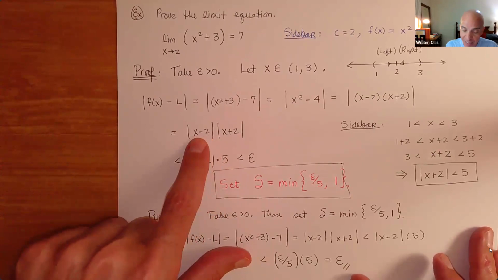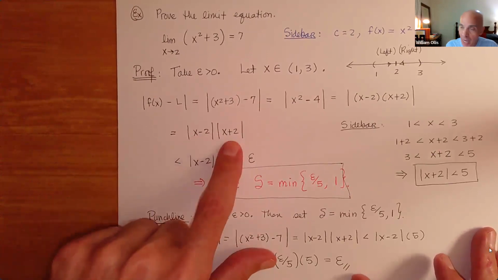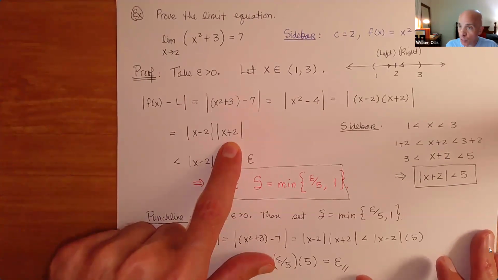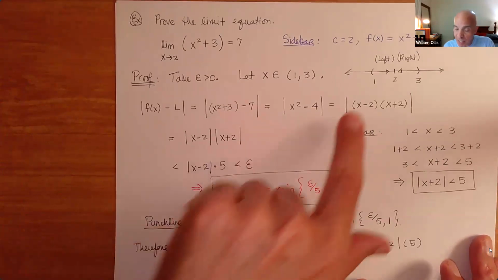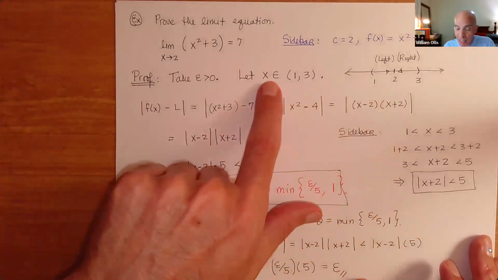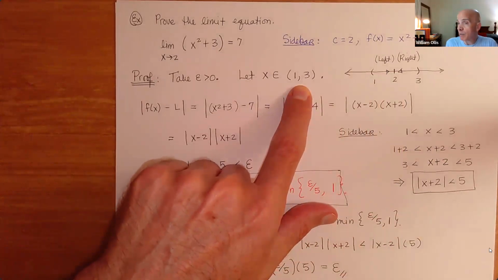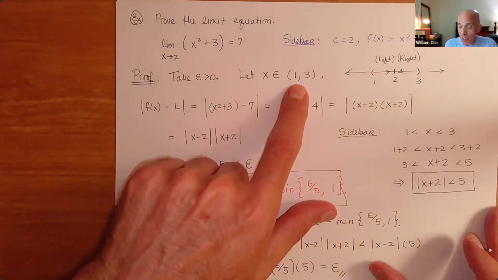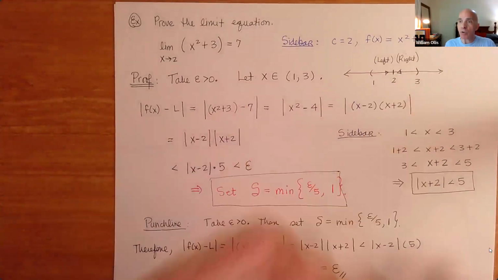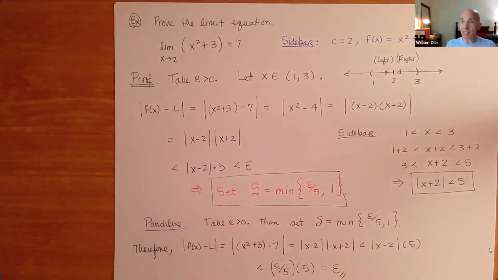We've got the x minus c in absolute value, but we have this additional term here, which we can easily take care of by restricting x to be in a particular, and we were very convenient here, a symmetric interval about 2. Notice all of these intervals in the definition are symmetric. We have the delta neighborhood of c, a symmetric interval. We have the epsilon neighborhood of L, a symmetric interval.